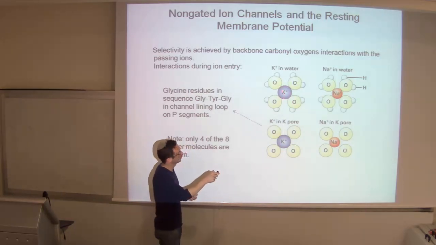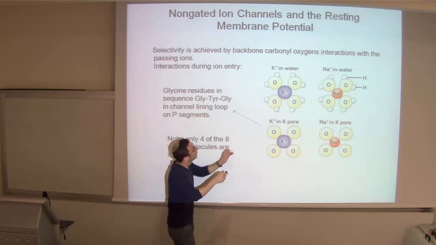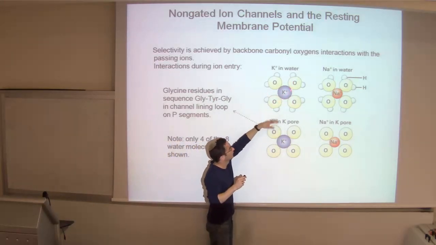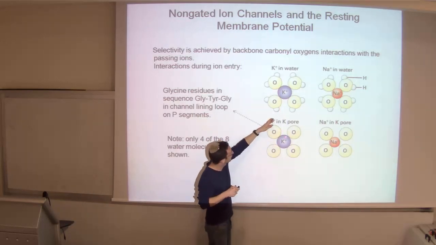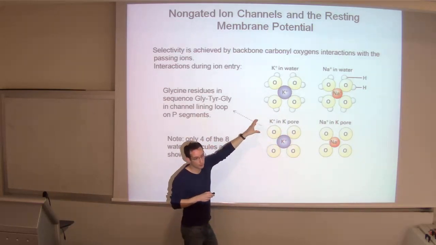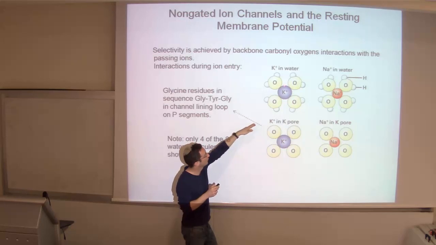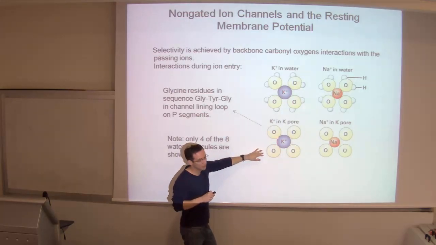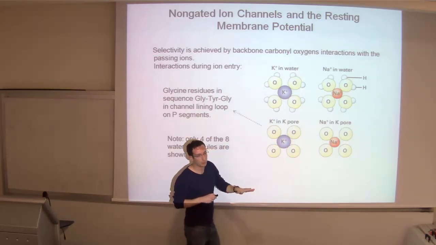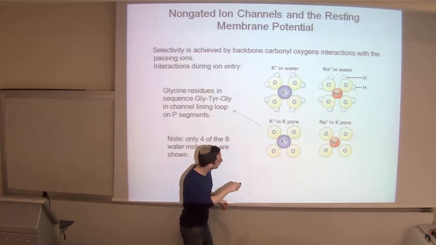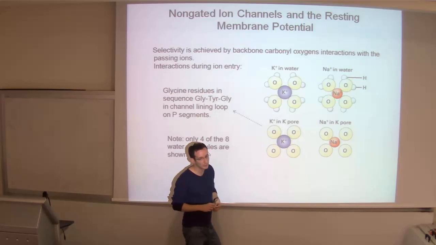Because the potassium is positive, the oxygen faces it. This is how it looks when it's outside the channel. And what the channel really does is mimic the structure of the potassium when it's in a hydrated form. And so the activation energy of moving from here to there is quite low, and the entry of the potassium into the channel happens very efficiently.